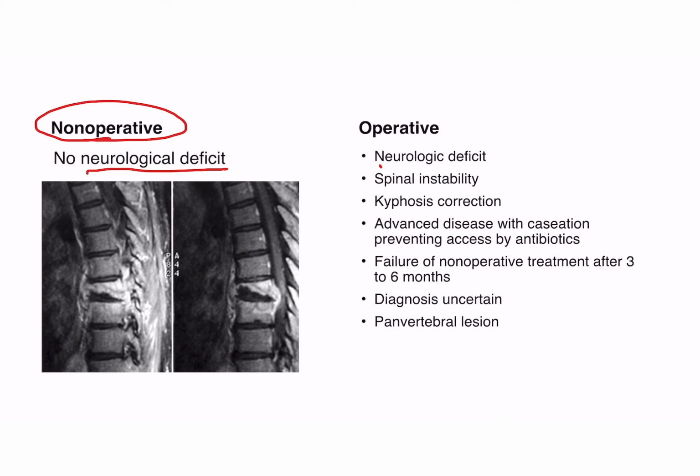Whenever there is a neurological deficit, when the patient has spinal instability, or the deformity is so high that the kyphosis needs to be corrected, you need surgery. Or the person has a large caseation which is preventing access by antibiotics, in which case you may need to release or debulk the caseation. And failure of non-operative or medical treatment after 3 to 6 months, uncertain diagnosis, and panvertebral lesion. All these are operative indications.